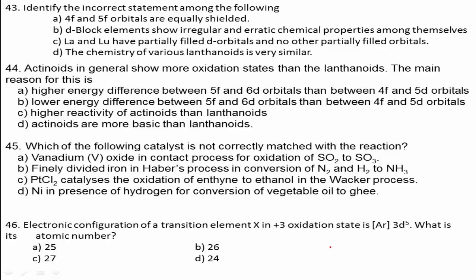Option C, lanthanum and lutetium have partially filled d orbitals and no other partially filled orbitals. Option D, the chemistry of various lanthanides is very similar. Yes, students, the chemistry of various lanthanides is similar because they show the +3 oxidation state, similar size, etc.